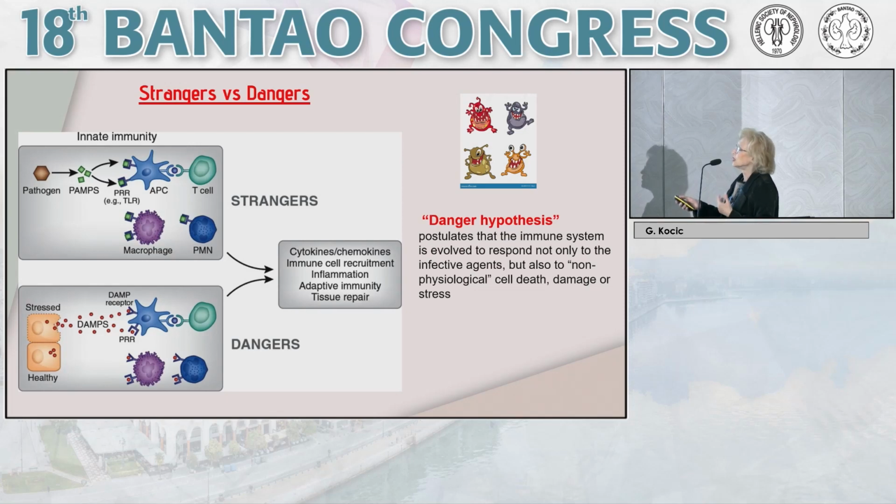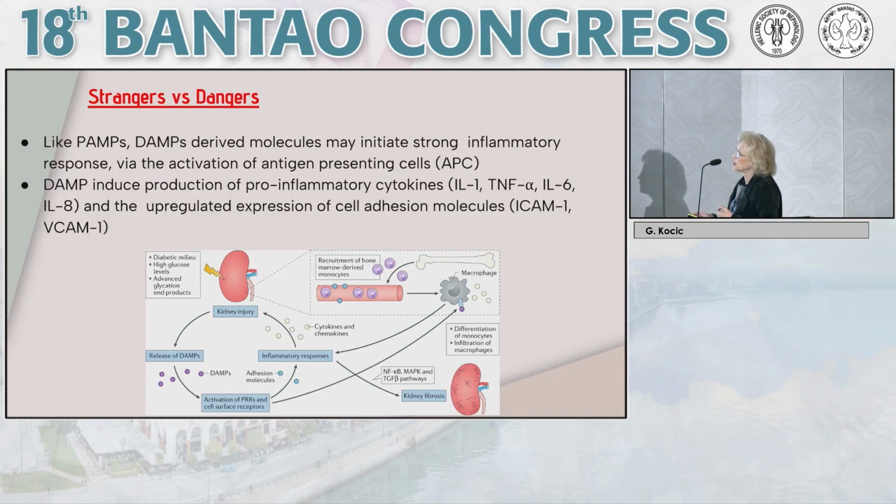But for both of them, the danger hypothesis is typical, which postulates that the immune system reacts to both almost equally, inducing an inflammatory reaction, whether they are strange molecules or derived from our cells.